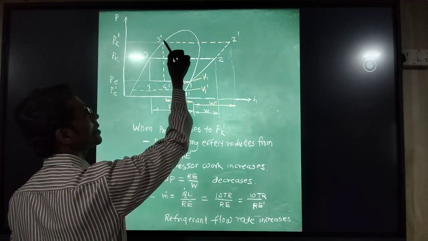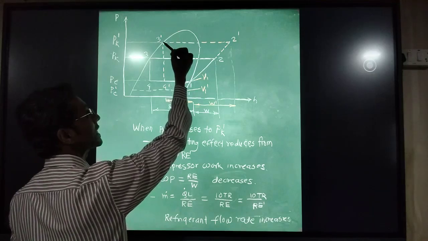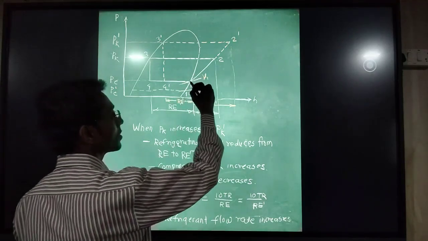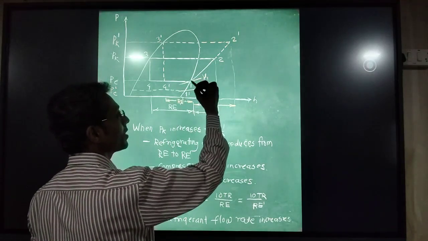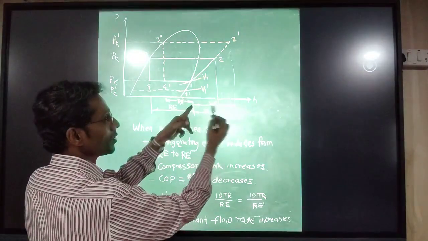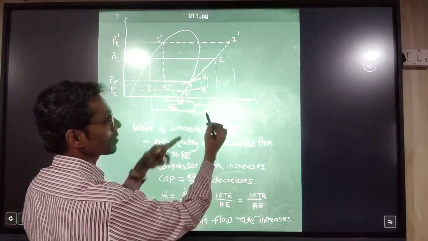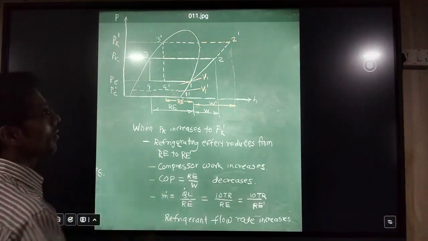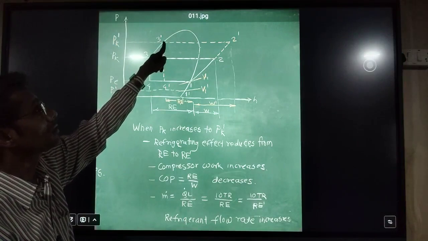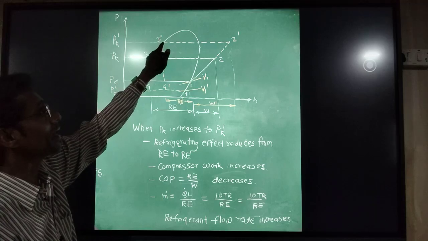Simultaneously the remaining points also will be shifted in the upward direction, that is, 3 dash will be the condenser end. So the effect of this is that the line 1 to 2 is increasing to 1 to 2 dash, and the new work will be W dash, which is higher. Otherwise, if you see 3 to 3 dash, this point is the condenser end point, a saturated liquid point, actually an ideal point.